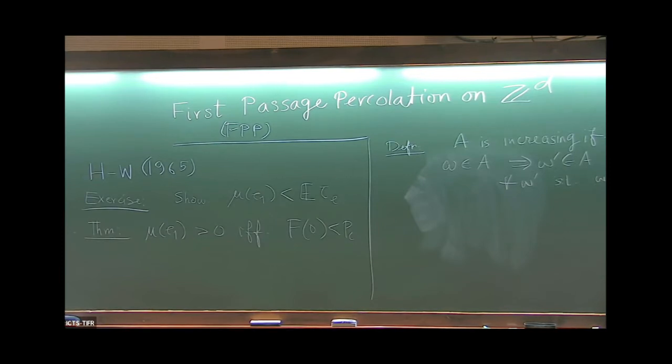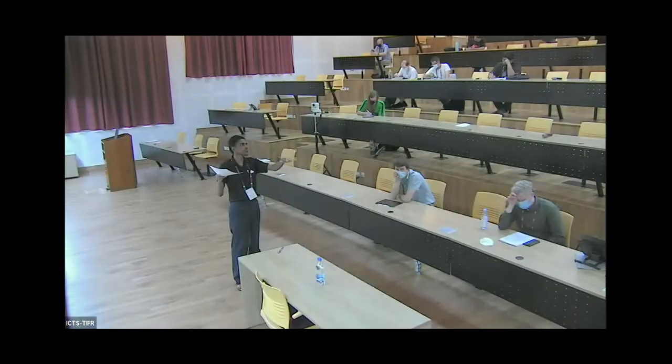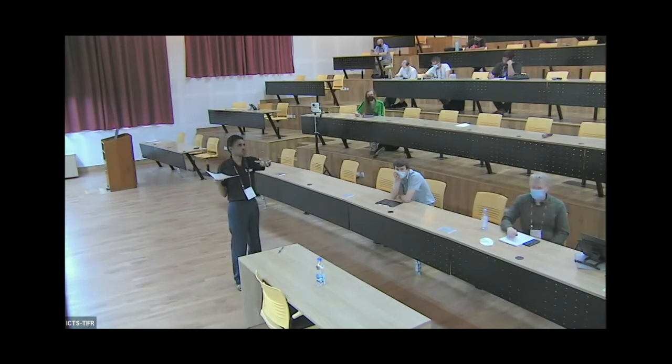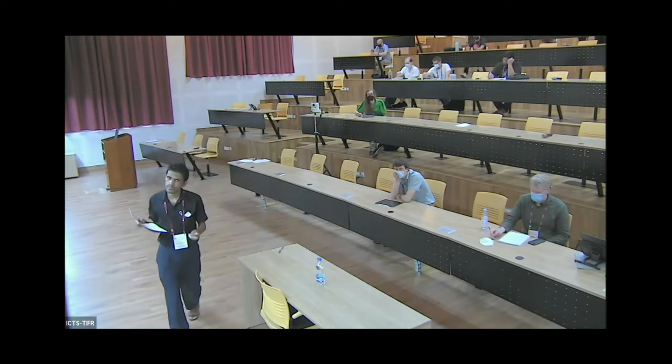Just think of it in the following way: each omega is a configuration of open and closed edges, right? So an increasing event is such that if you open some more edges, that is, you increase some coordinates, then the event still holds true. So if you look at some particular configuration for which the event holds true, and then you open some more edges, the event still holds true. So that's basically an increasing event.